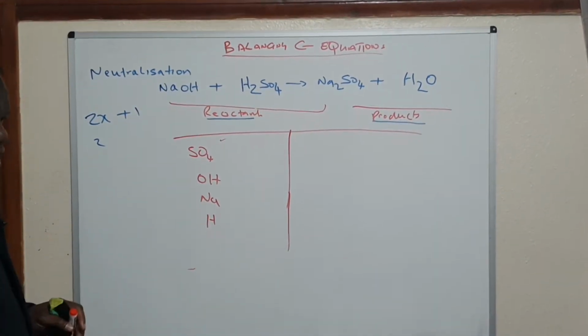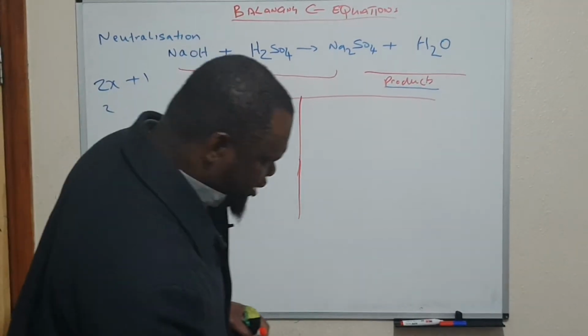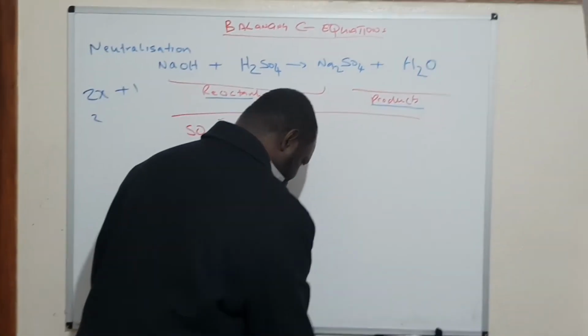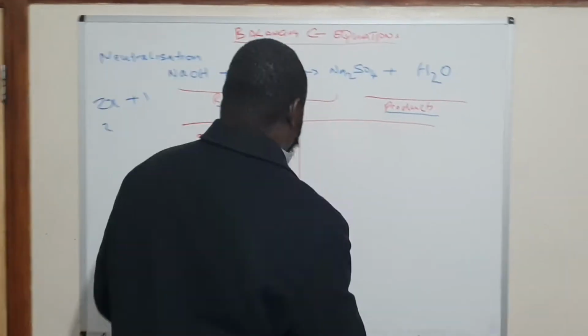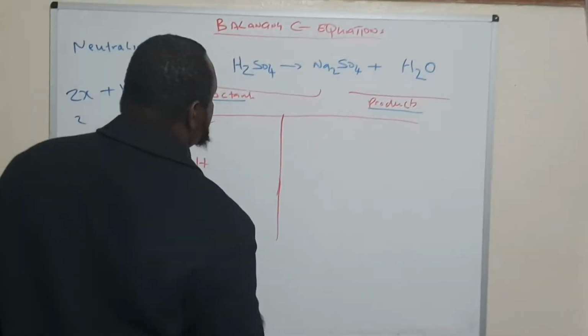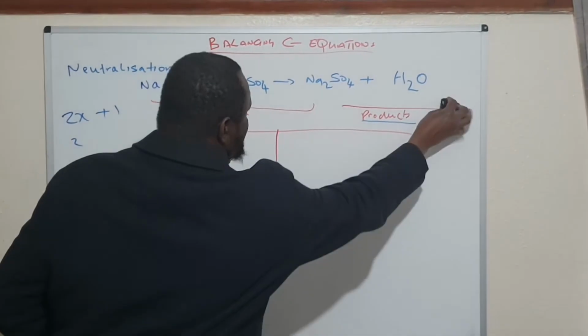When an acid reacts with a base, you have salt and water. I told you that you have to memorize those two because they are very important. It's called neutralization. Now, we have a reactant side and the product side.